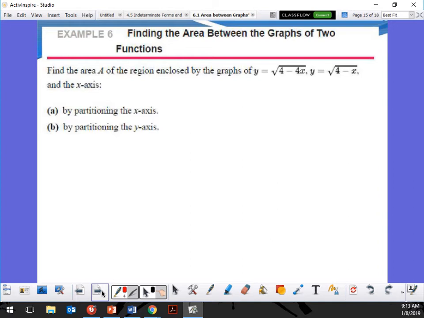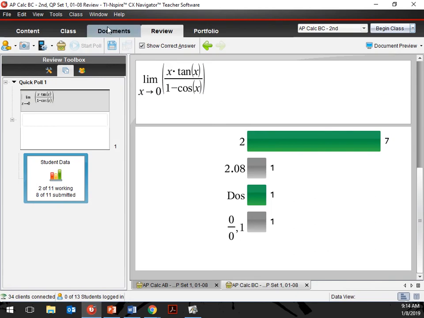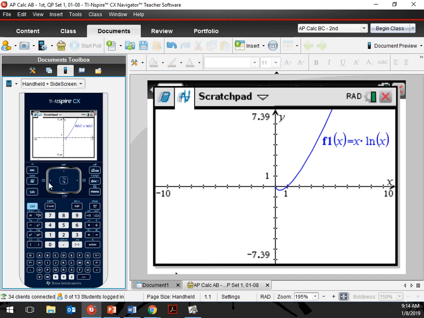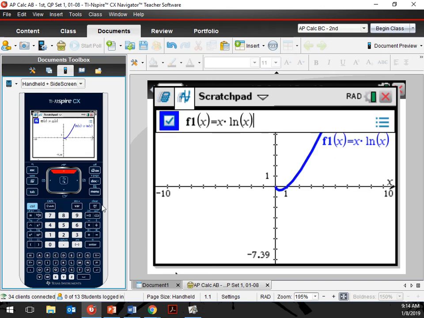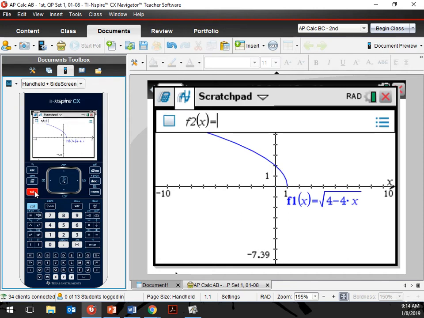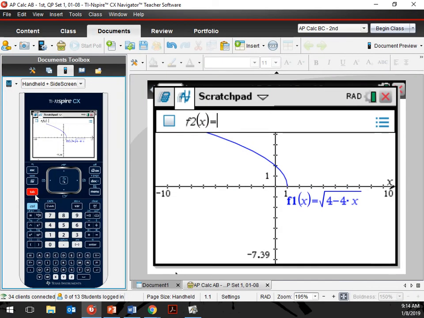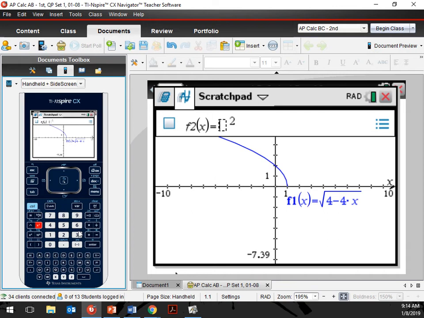Okay, so let's go ahead and start by graphing these. So root 4 minus 4x. And the other one, what was the other one? 4 minus x.